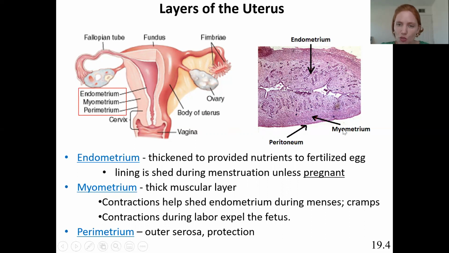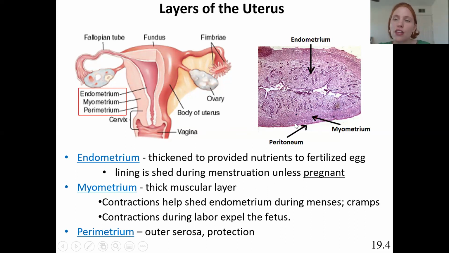Underneath that, we have the myometrium, and anytime you see the prefix myo at the beginning, it means muscle. So the myometrium is made up of smooth muscle, and the major function of the myometrium is to contract during labor, to force the fetus out.